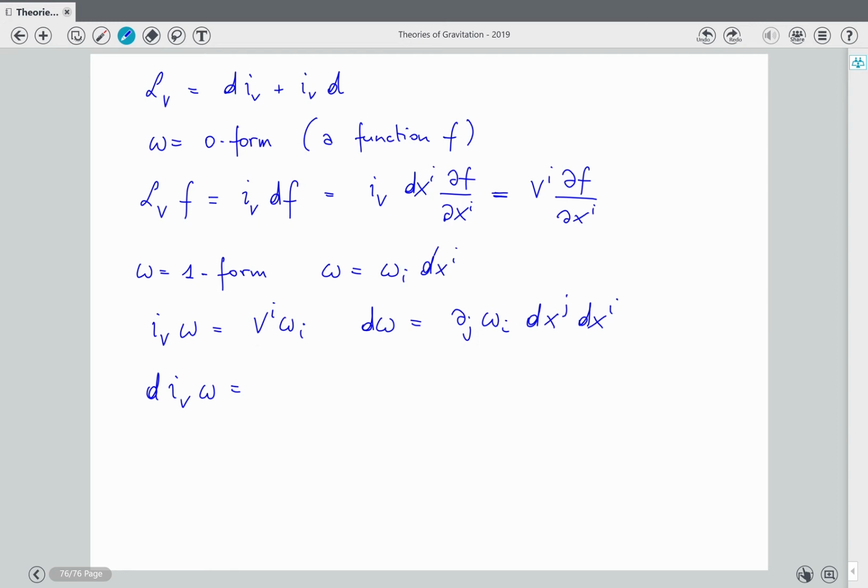So we have partial j vi omega I dxj plus vi partial j omega I dxi.